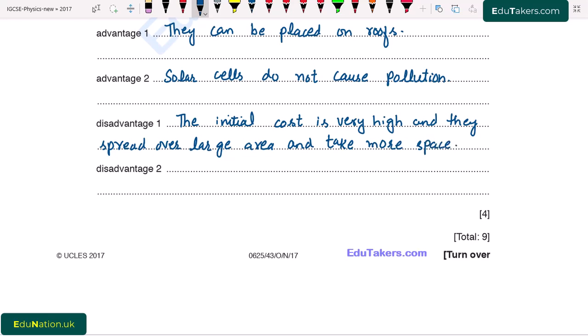So we also have to write the second disadvantage. So the solar cells produce DC power output and need AC converter which is expensive.